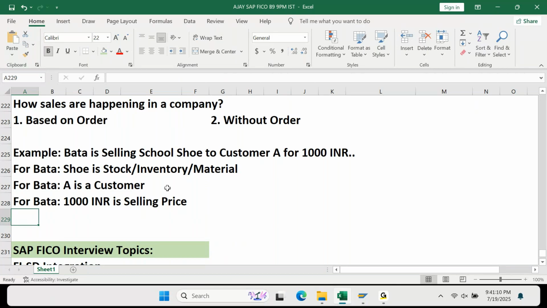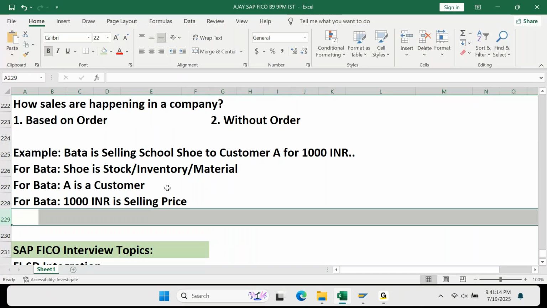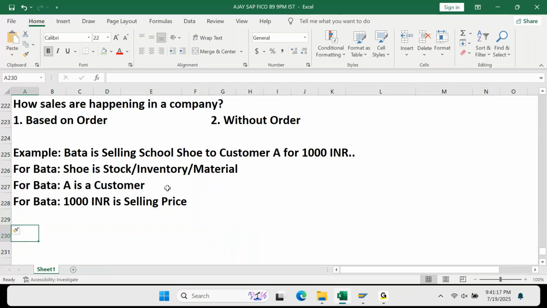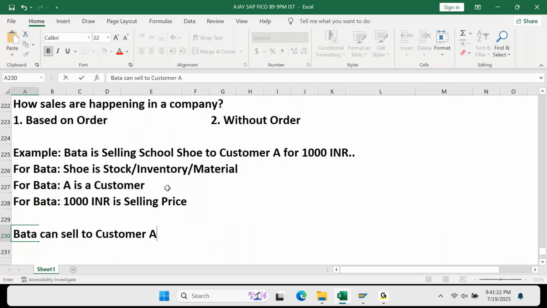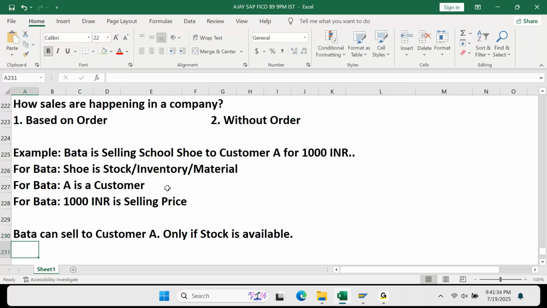Am I correct? Now, Bata can sell to customer A only if stock is available. Can Bata sell to the customer if there is no stock? No, they cannot. Not possible.